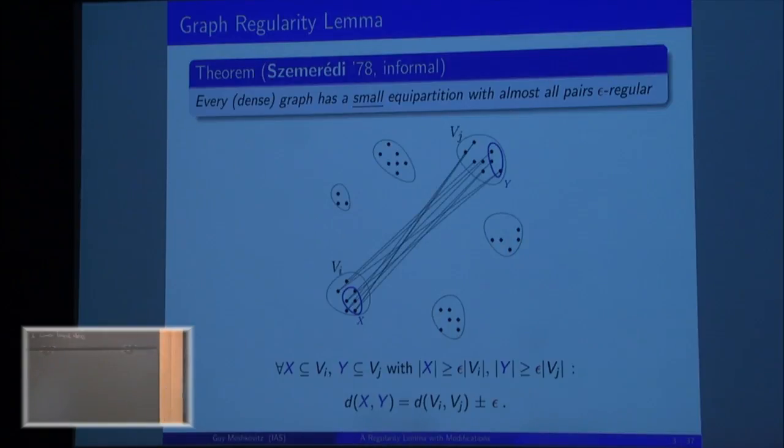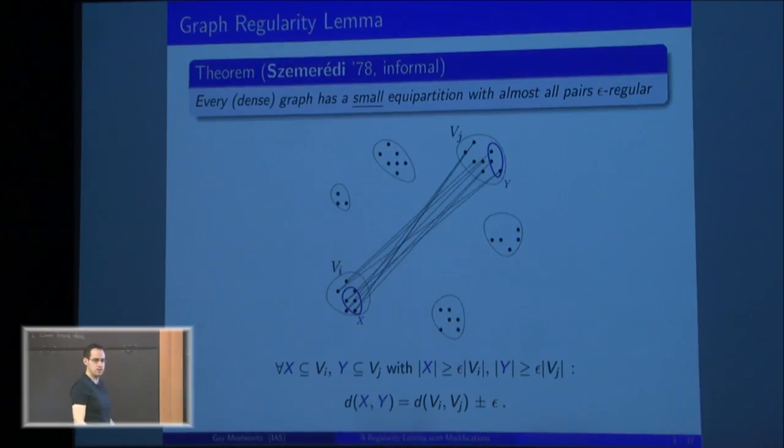An intuitive way to think of that is that basically the regularity lemma gives you a way to compress your graph. So now consider a small graph where every vertex corresponds to a cluster here. And you put an edge between the vertex Vi and the vertex Vj whose weight is the density between Vi and Vj.